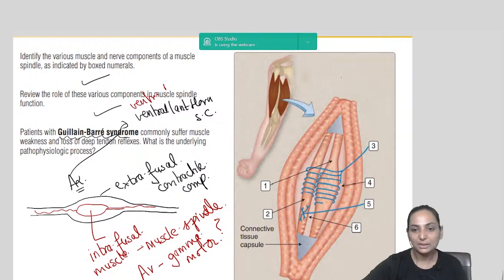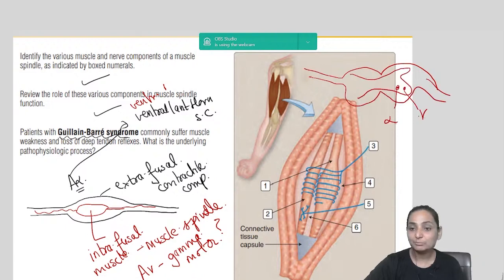If you take a spinal cord, this is the alpha motor neuron and neighboring it is the gamma motor neuron. This is a very important anatomical relationship, which is also called the alpha gamma co-activation, which we will look into a couple of minutes later.